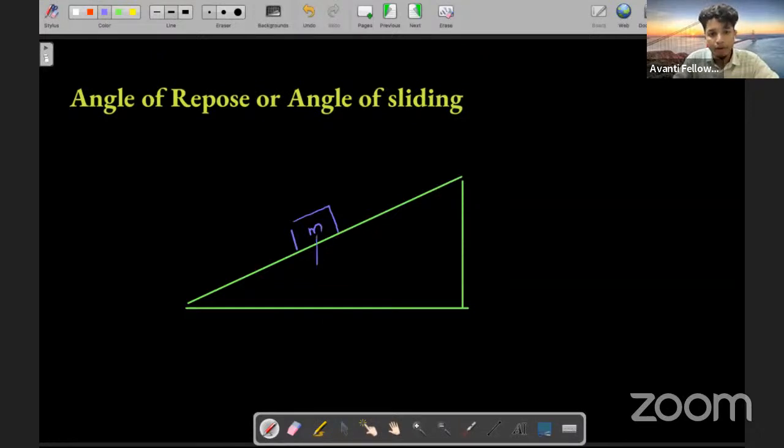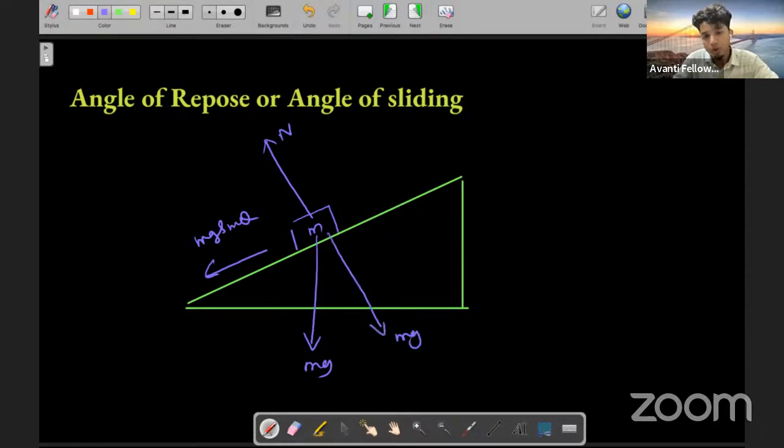There is a body, m. And you know that this is mg. And there's a normal force that is acting, N. This is mg sin theta. And this is mg cos theta. And this is theta. Yes or no?